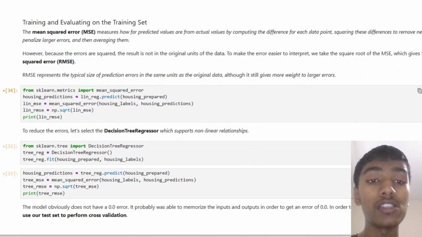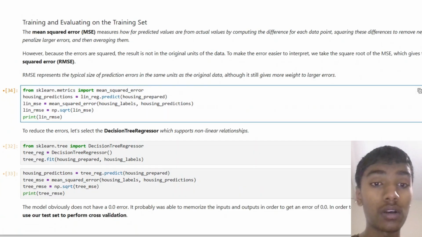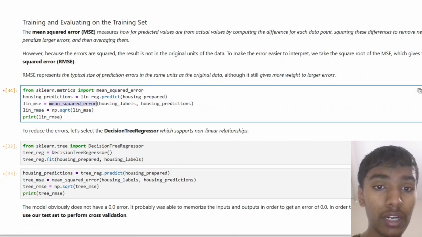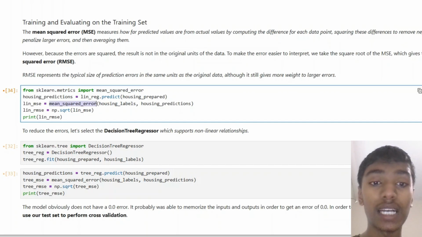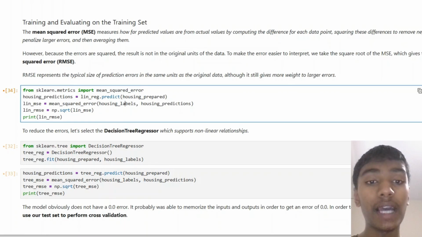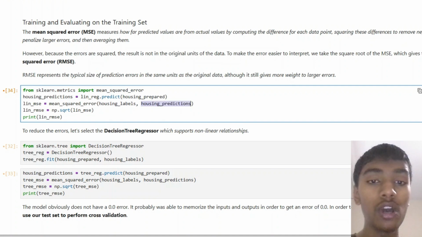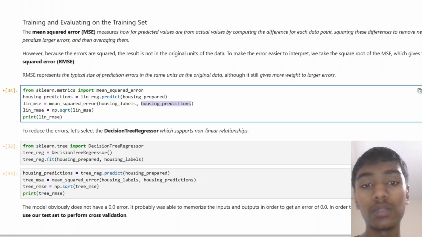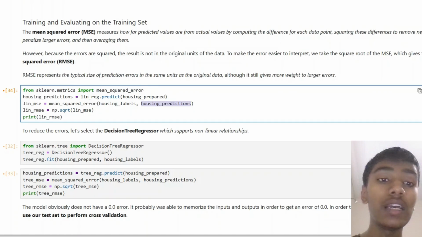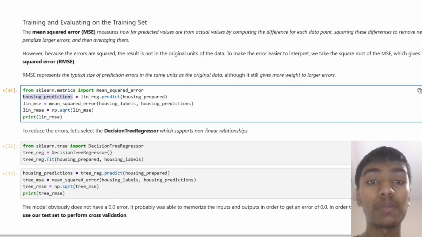Okay, so we're going to say mean squared error. Sorry, it's actually a function, and we're going to pass in the housing labels as well as the housing predictions. Remember, the housing labels are the values that we want the model to project, and the housing predictions are the values that the model actually projected.